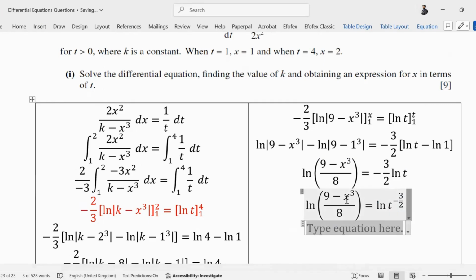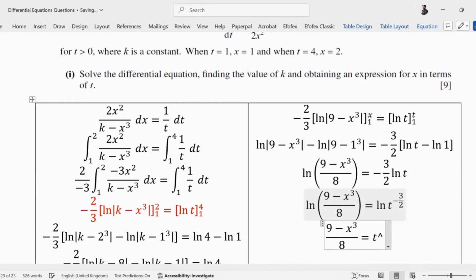Now, single log, single input, I can just say that (9 minus x) cube upon 8 is t to the power minus 3 upon 2. Now, (9 minus x) cube is 8t to the power minus 3 upon 2.